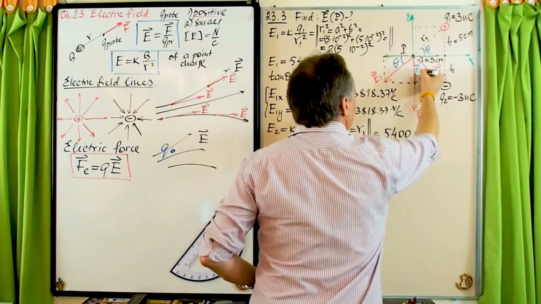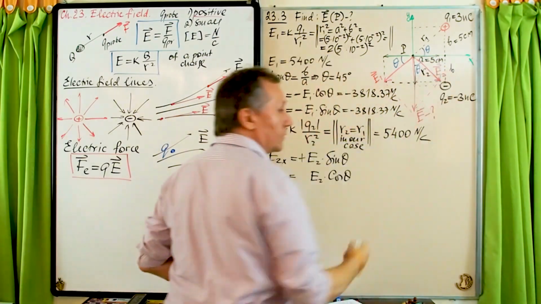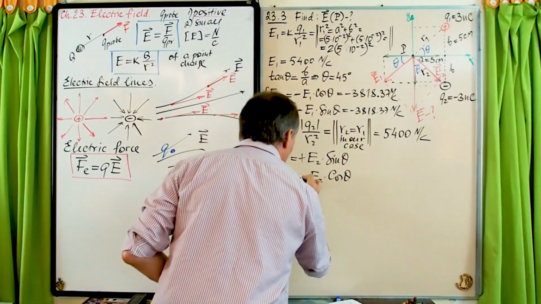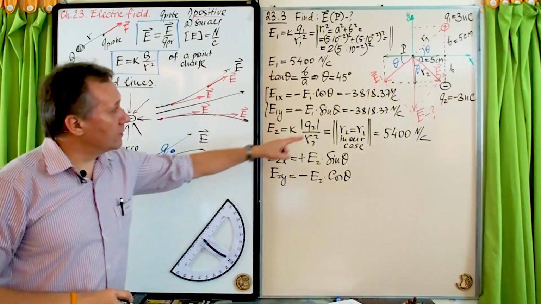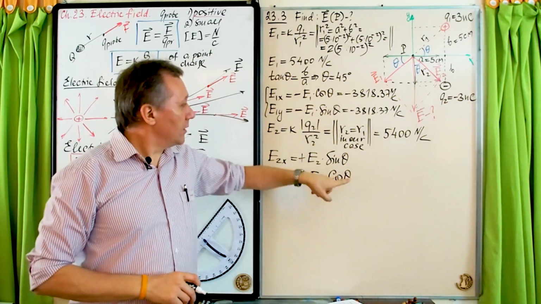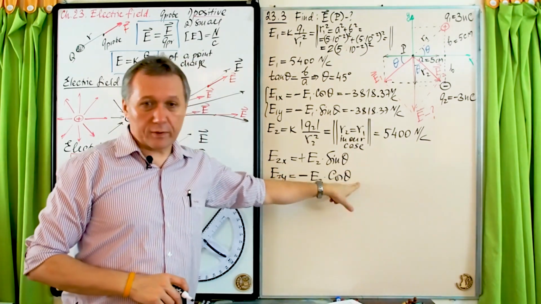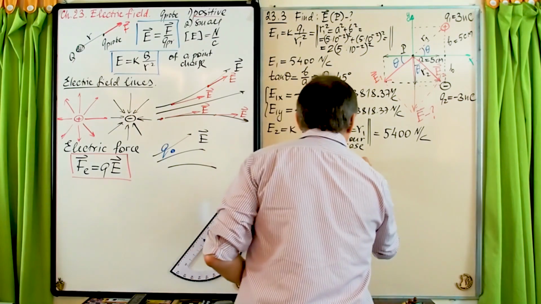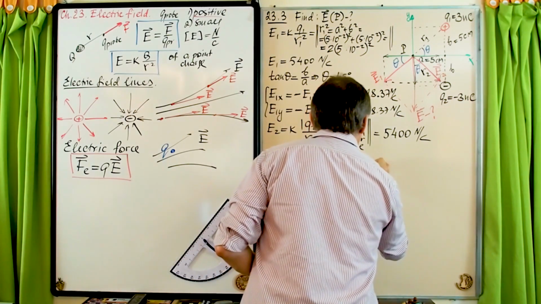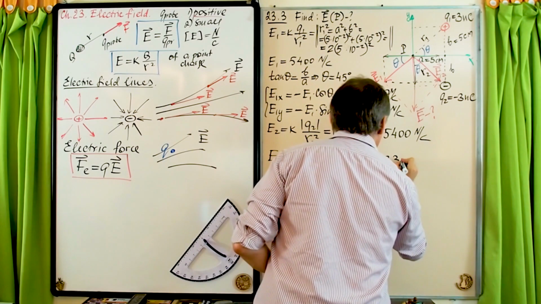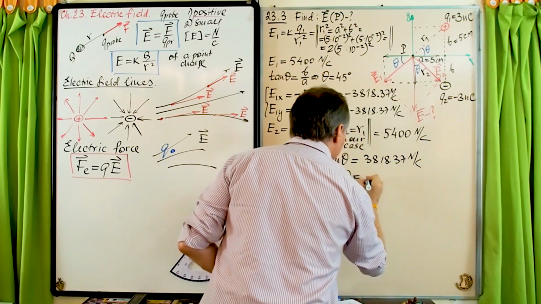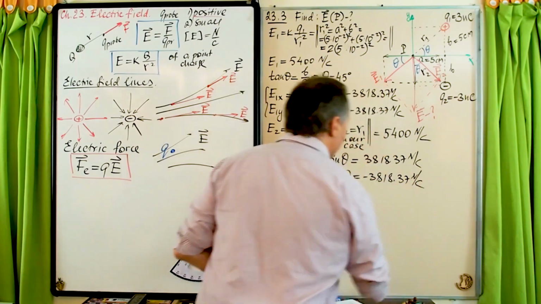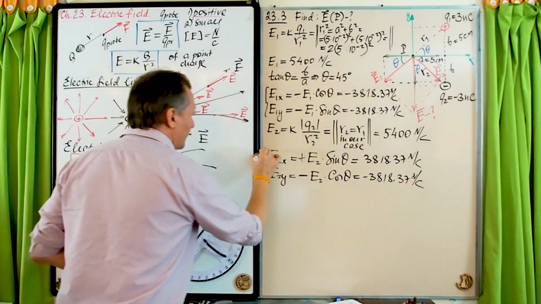This component of E2 points downward in the negative y direction, so it is negative, so I have to put minus. And it will be the same value, 38.18, over here, both of them. But one is positive, one is negative. So it will be 38.18. Okay, done. So we found components.